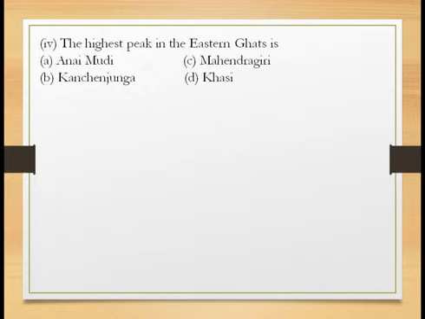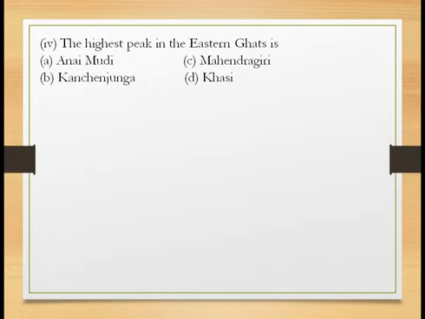Next, 4th, the highest peak in Eastern Ghat. First we see the options: Anaimudi, Kanchenjunga, Khasi, and Mahendragiri. A and C, the 2 are highest peaks in the Ghats, one on the Western Ghat and one on the Eastern Ghat.